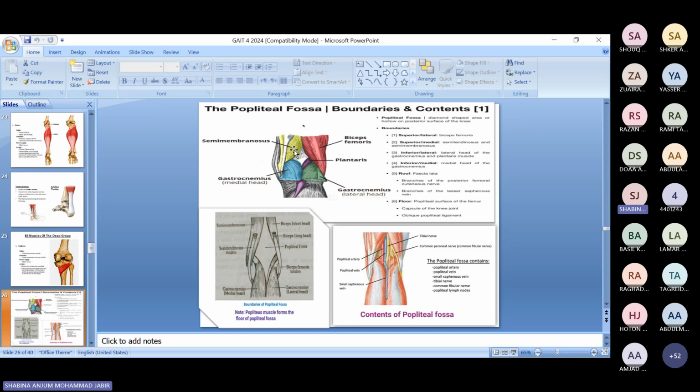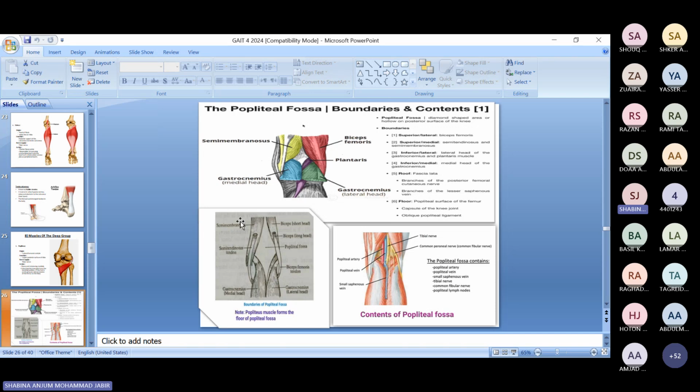So this popliteal fossa, it is very easy. What will be the boundary? Inferiorly, we have the medial and lateral heads of the gastrocnemius muscle. What about superiorly? Superiorly we have the hamstring muscles, right? Medially, what is there?